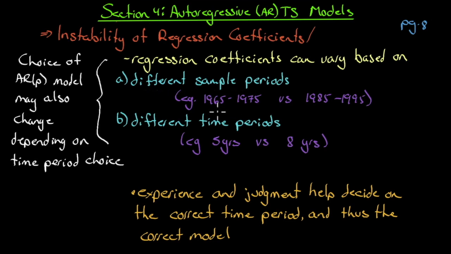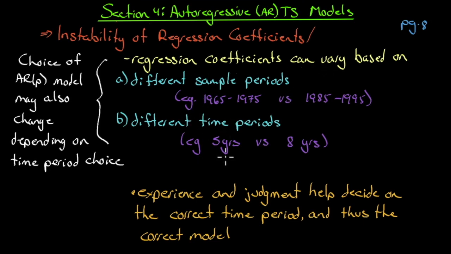For instance, if we're looking at a period of 1965 to 1975 for some economic data versus 1985 to 1995, each a 10-year period, we're going to get different regression coefficients during this period of time than we would during this period of time, simply because we had different economic regimes at that point in time. So we're going to see different values for the regression coefficients.